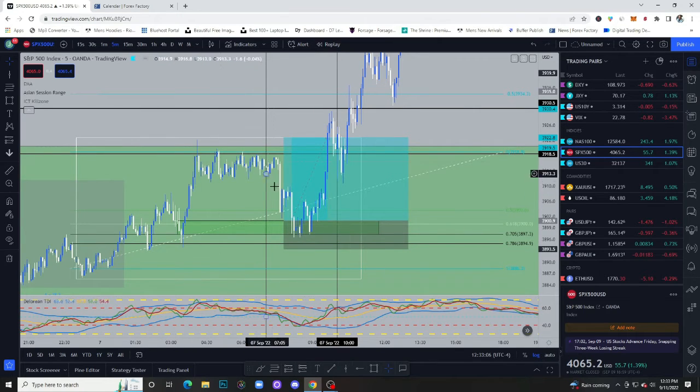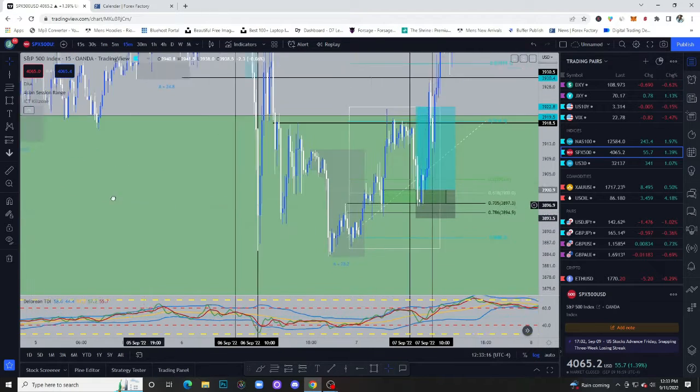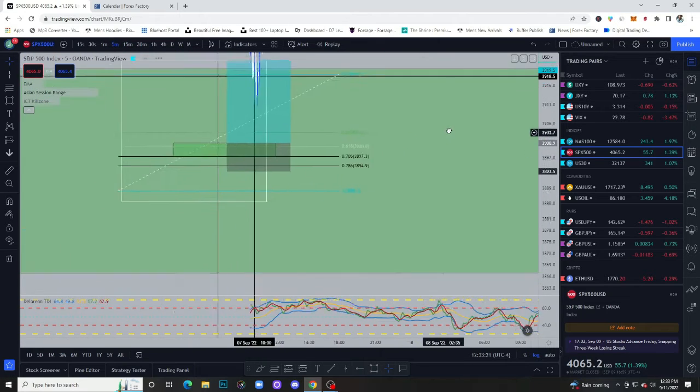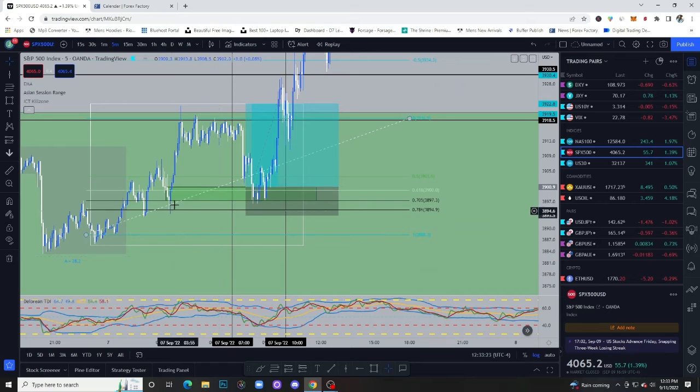basically right here on the 5-minute, I still don't really see anything that I like. I mean, I see that there's an order block right here that's on the 15-minute. So this 15-minute order block that I have marked up right here on the 5-minute, you can come down. You can see that there's another bullish breaker.